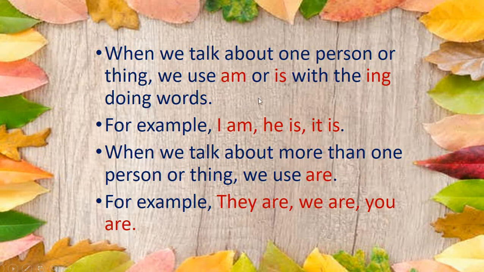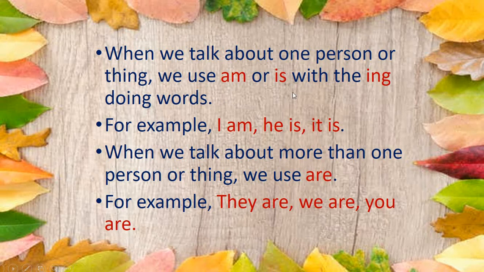So again we will read this. This explanation is in your textbook also. When we talk about one person or thing, we use am or is with the ing doing words.